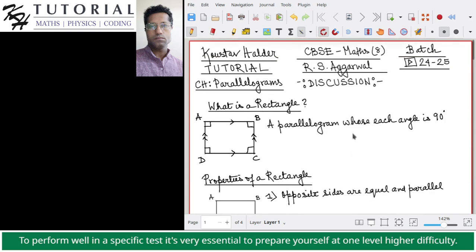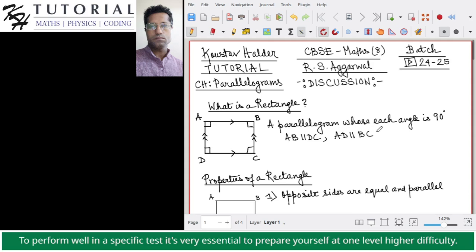Okay, so let's start. So what is a rectangle? A rectangle is a special type of parallelogram whose every angle is 90 degrees. As you can see in the diagram, the figure ABCD is a rectangle, and since it's a parallelogram, its opposite sides will be parallel. That is, AB is parallel to DC, and AD is parallel to BC.